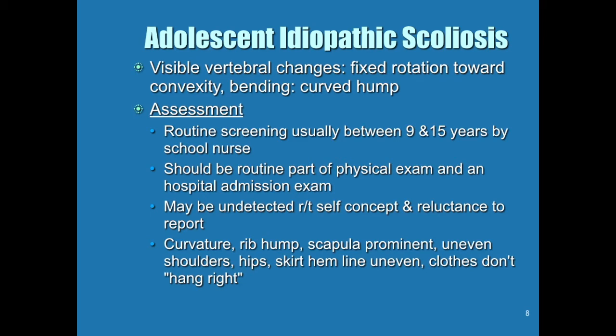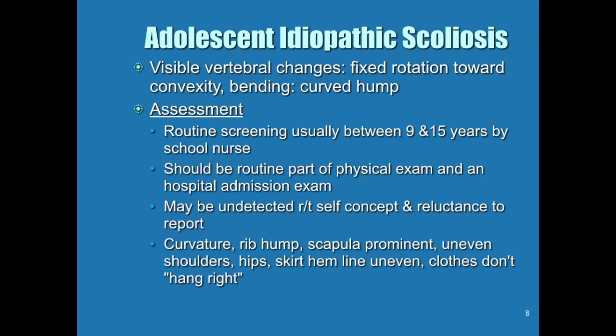Children are very good at hiding this disorder from everyone because it leads to a poor self-concept. They don't want to be different. So this is a kid who's going to wear very large, bulky clothes so that nobody notices that their spine is curved.